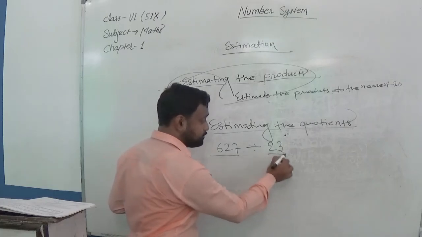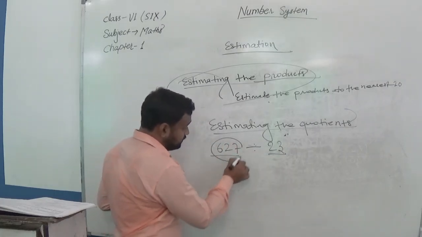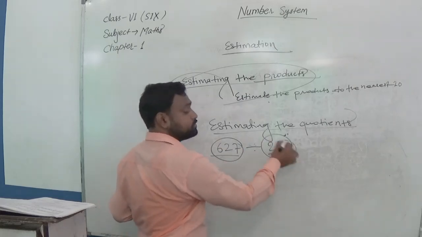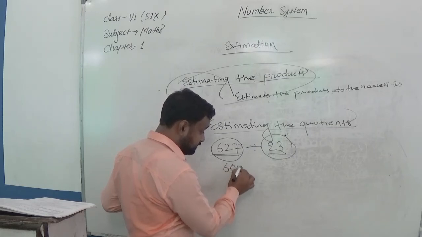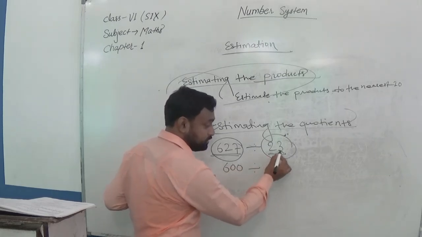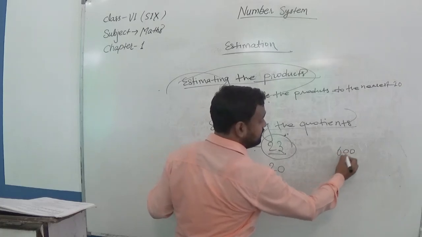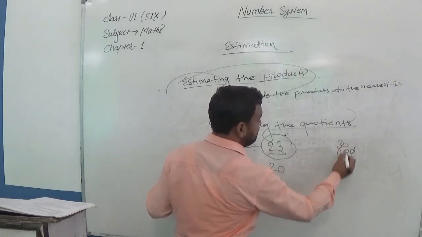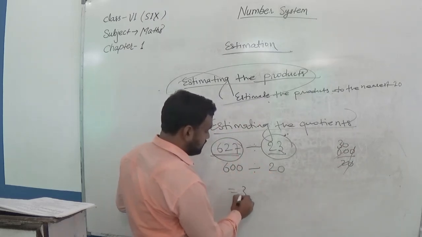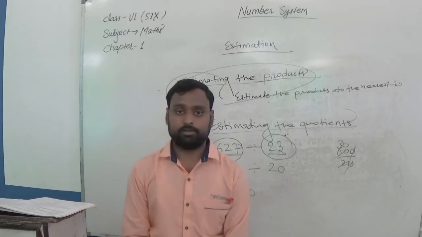First of all, we round off 627 to the nearest 100 and 23 to the nearest 10. It is 600 divided by 20, which means 60 divided by 2, 30. The estimated quotient will be 30.